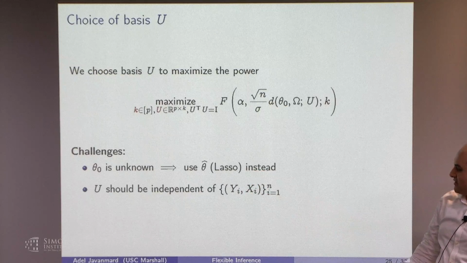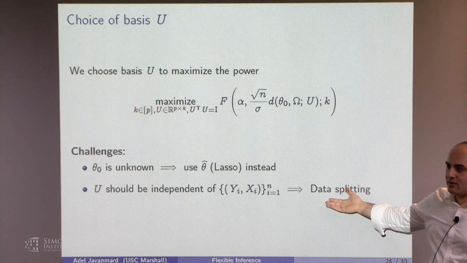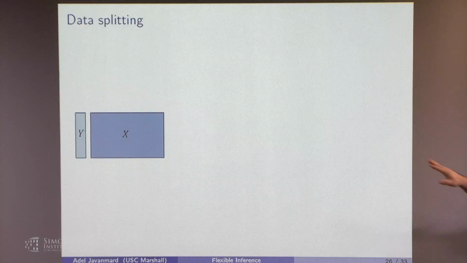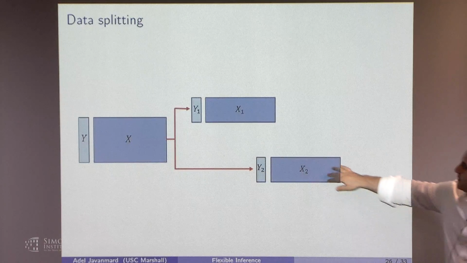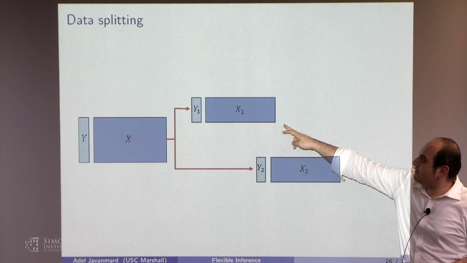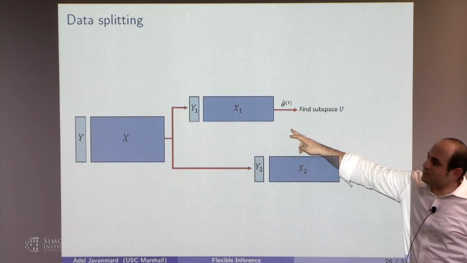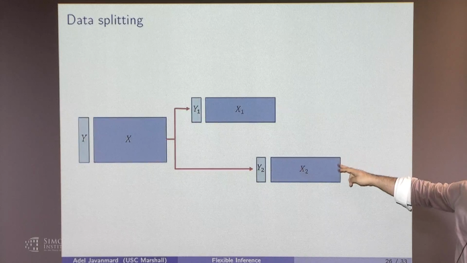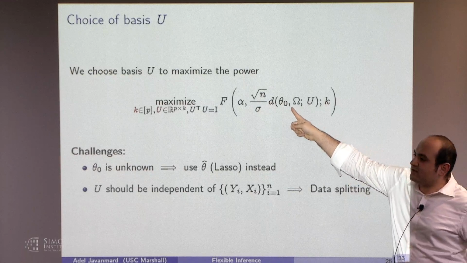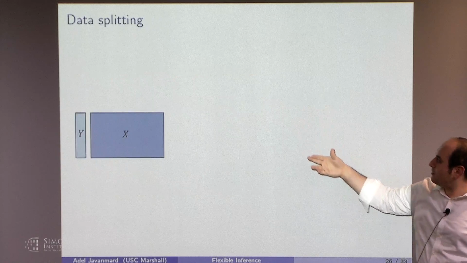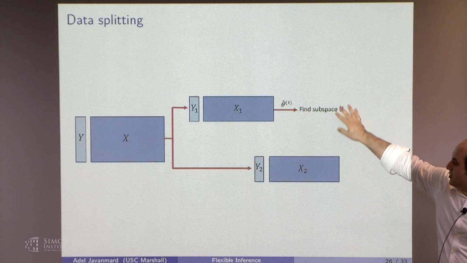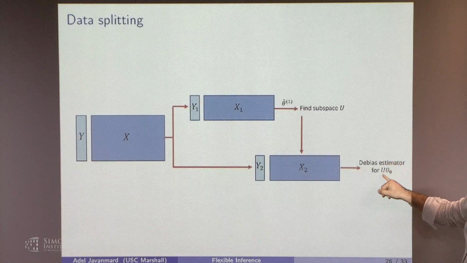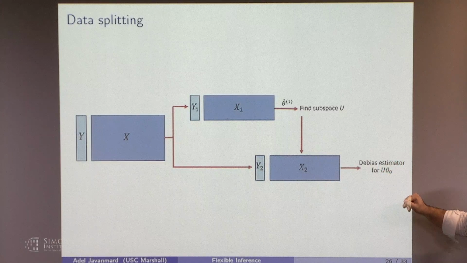I already mentioned that you can do data splitting. What I do is take my data and split it into 2 halves. I use the first one to get theta hat 1, and then I plug in theta hat 1 here instead of theta 0 and optimize to get U. And then I use U and the second half to form the debiased estimator for U transpose theta 0.